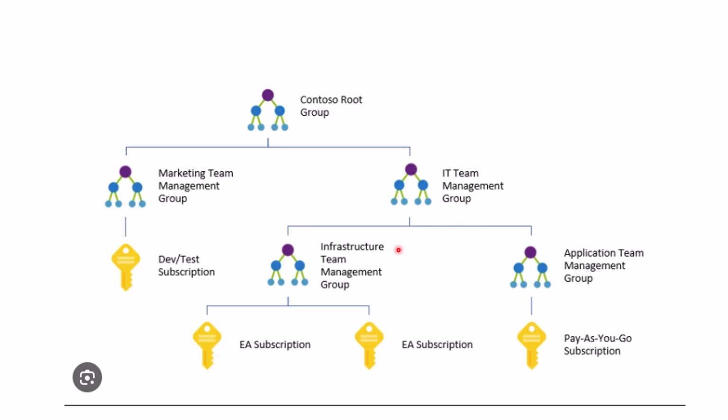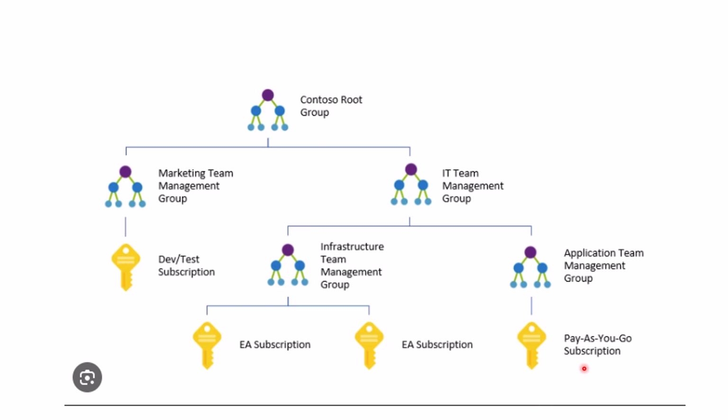The IT team may have other management groups, and then those management groups have subscriptions. So if you apply a setting at the root group, that setting will cascade down to everything. This is great to apply settings, permissions, and RBAC permissions in a cascading effect from top to bottom.